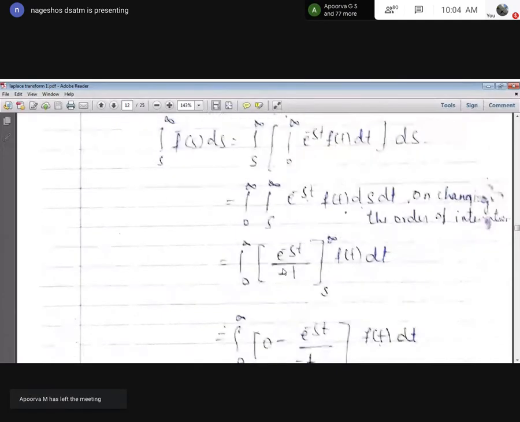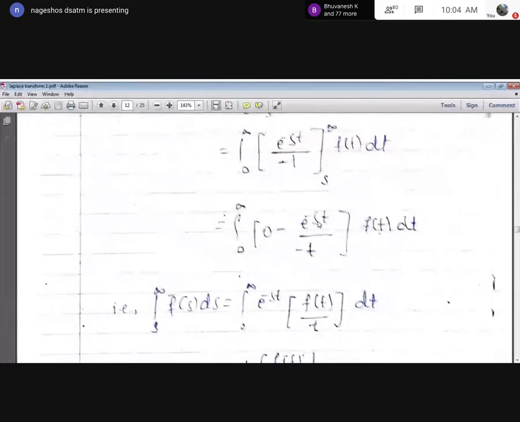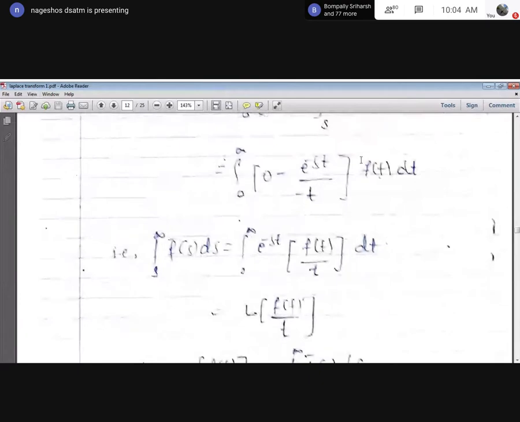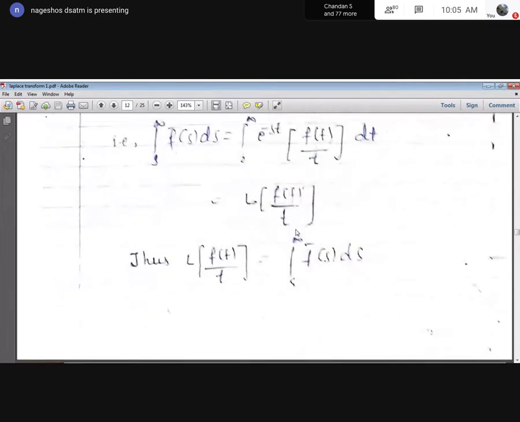Now if you integrate this with respect to s, you get e power minus st by minus t. Substituting the upper limit gives 0; the lower limit gives e power minus st by minus t. Multiplying the minus with this gives plus, so e power minus st by t. Take that 1 by t along with f of t: f of t by t, which is nothing but L of f of t by t.